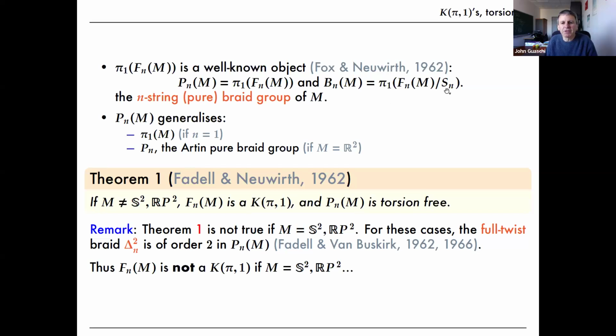I forgot to say here, this is the quotient space of the free action of the symmetric group on Fn of M by permuting coordinates.